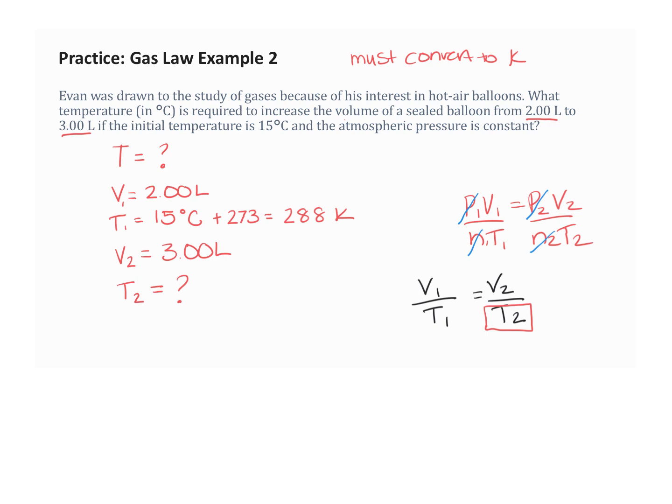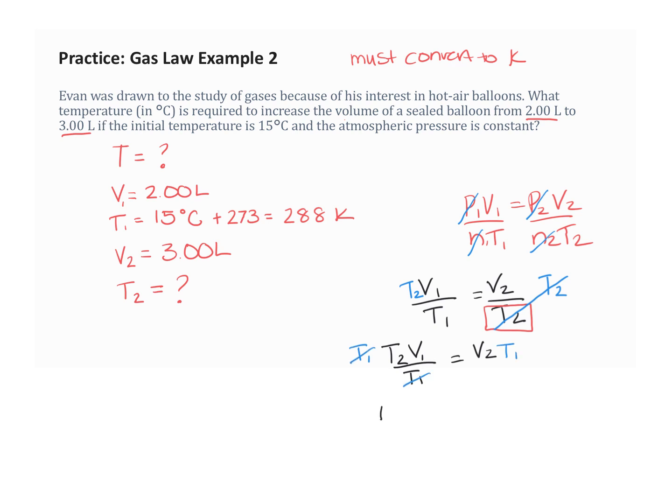There's a couple different ways you can do this. I'm going to show you the way I like the best. You multiply both sides by T2 and you get rid of it here. Then you rewrite it as T2 V1 over T1 equals V2. Then you multiply this side by T1 and you get rid of that there.